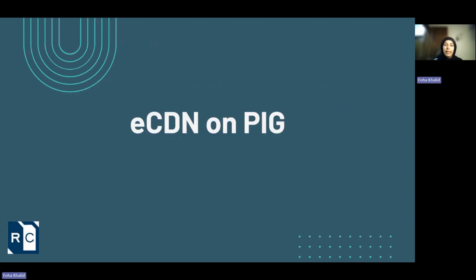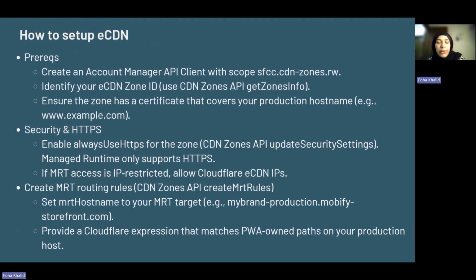As for ECDN on the PIG instance, there are a couple of steps you're going to have to follow whenever you set up the ECDN. The prerequisite is that the API client you create in Account Manager should include the scope SFCC CDN zones.rw.